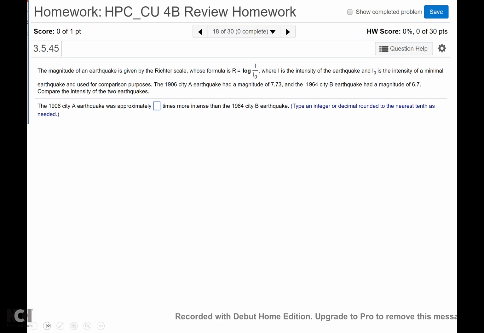And basically what you end up doing, guys, is you say that this earthquake is going to end up with a Richter scale of 10 to the 7.73. And City B is going to come out with 10 to the 6.7. So to compare the magnitudes of the earthquakes, we divide. 10 to the 7.73 divided by 10 to the 6.7.